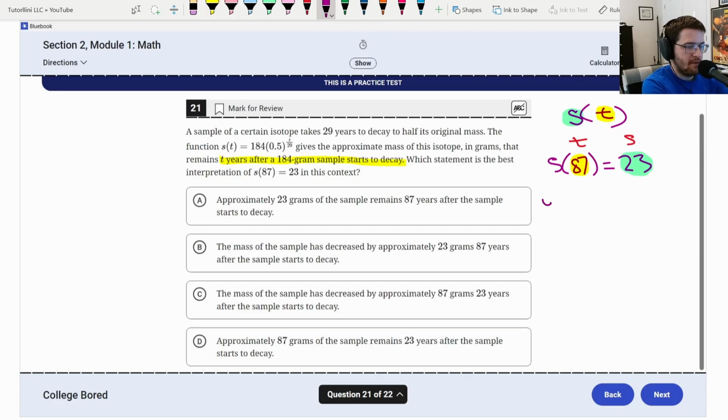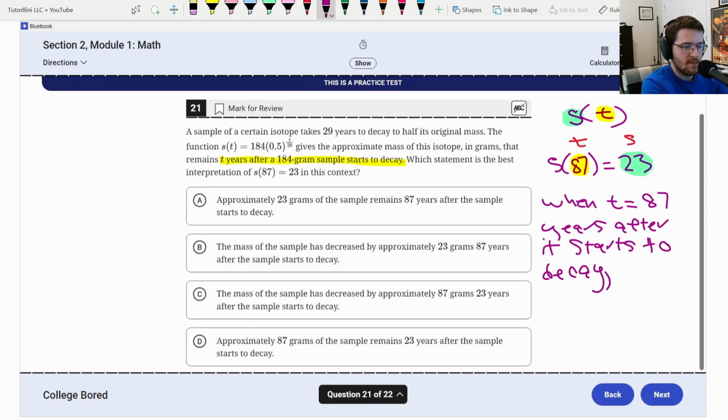So when T equals 87 years after it starts to decay, S equals 23, and let's look for that where it talks about S. The function S gives the approximate mass of the isotope in grams that remains.